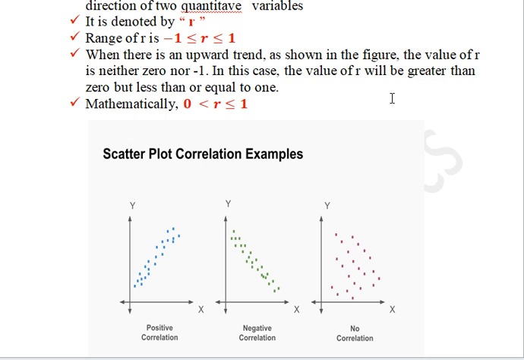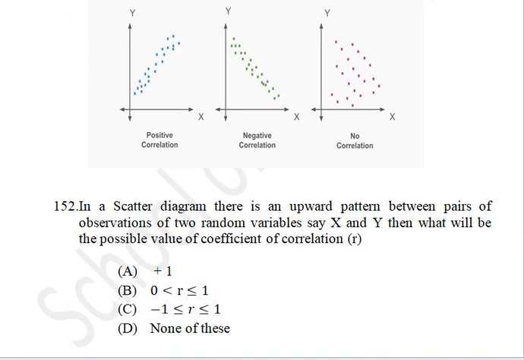In this case, the value of r will be greater than 0 but less than or equal to 1. We can write this mathematically as 0 < r ≤ 1.